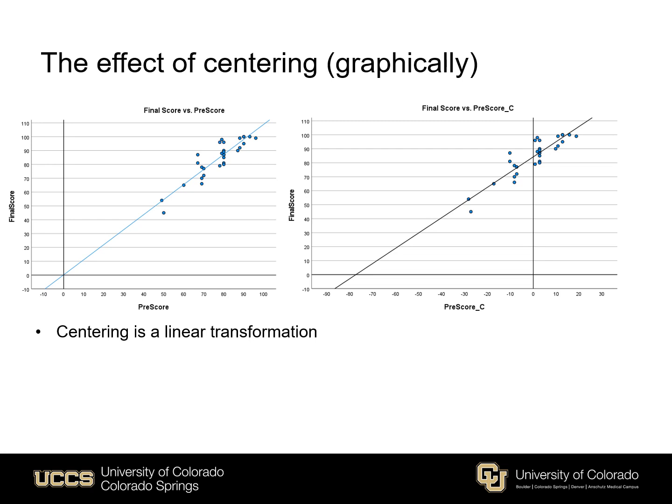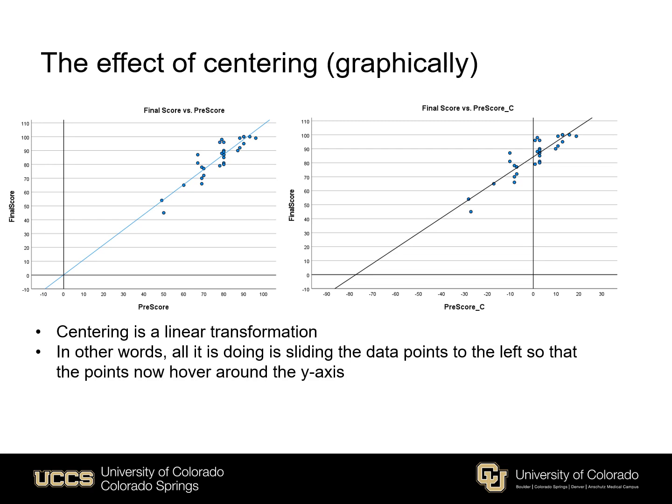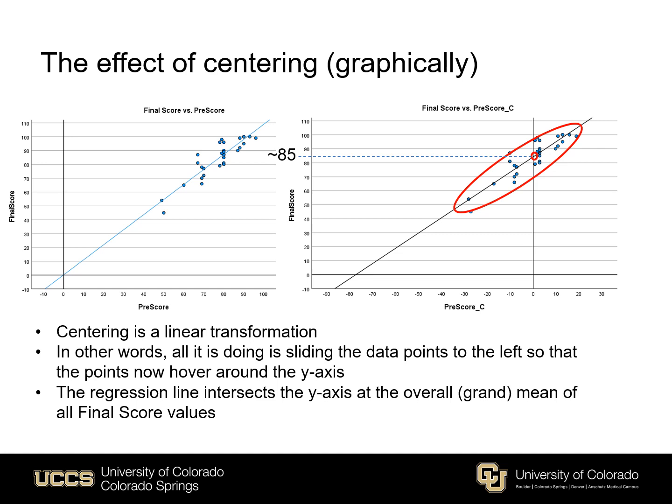Centering is just a linear transformation. Notice that all centering did was to slide the data points to the left so that the points now hover around the y-axis. And in fact, we can see that the y-intercept of the line now has a different interpretation. And as you follow that horizontal line across to about 85, that tells us that the regression line intersects the y-axis at the overall or grand mean now of the final scores.